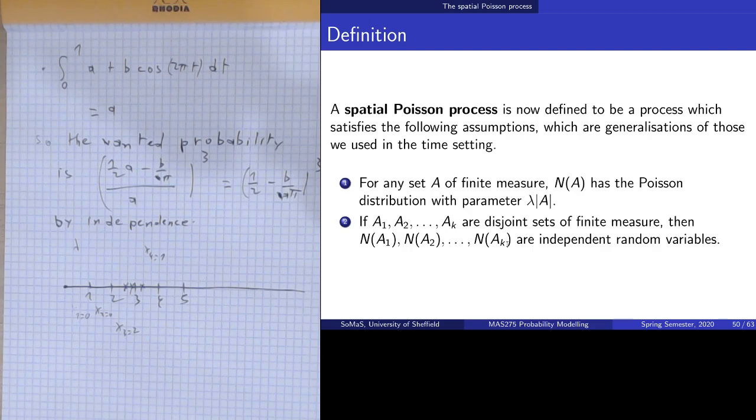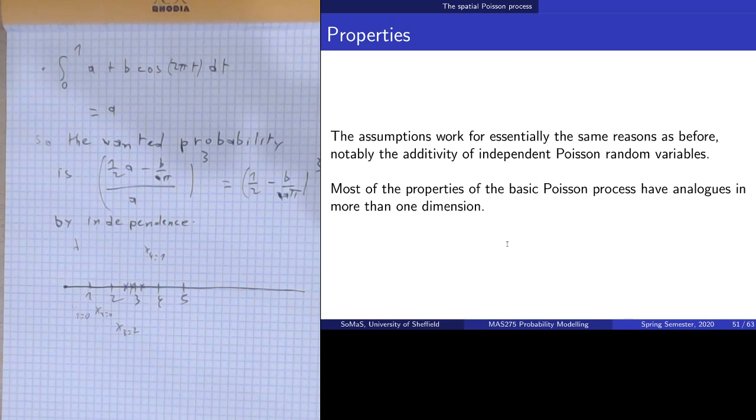So this is really the simplest way you can think of generalizing things. It's basically the same, but lengths are replaced by measures. And everything, well, not everything, but the definition really works as before.